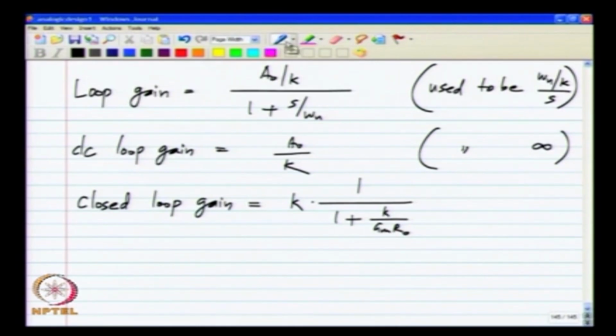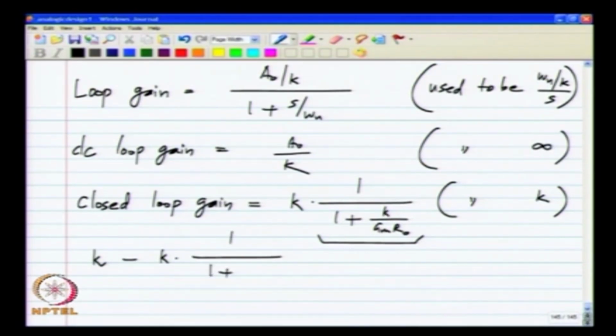So, this is what we have, and this used to be K. If you look at the relative error in the gain, relative error means the ideal gain minus the actual gain, the difference in the gain, this will be simply that, and if I further simplify it, I will get that one.